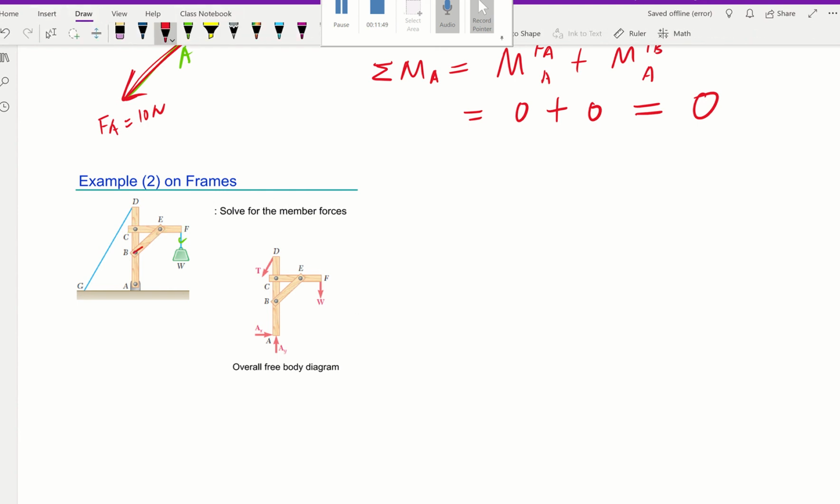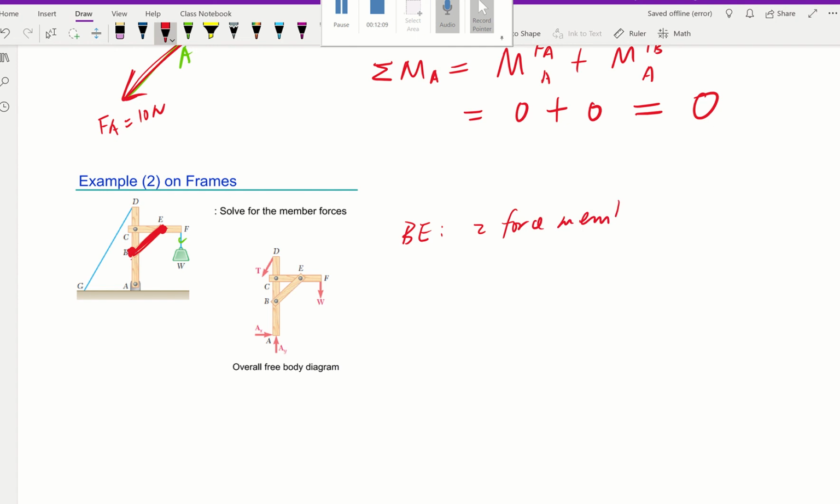How about our BE? There's a force at B because that's pinned at B. There's a force at E. There are only 2 locations because in between B and E there are no other forces. So BE for this situation is our two force member.